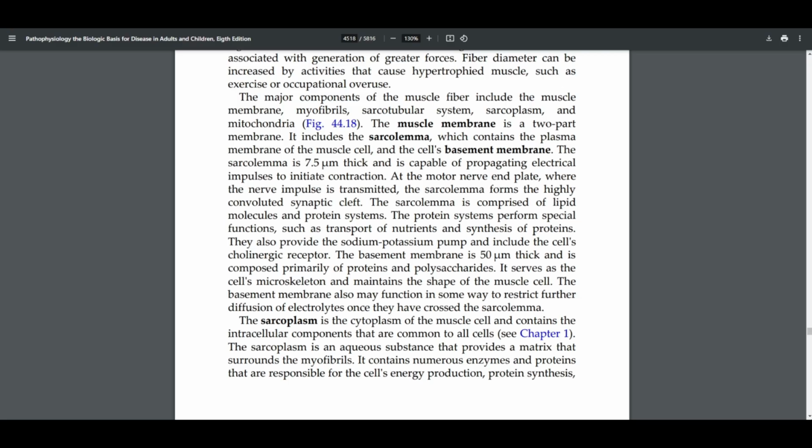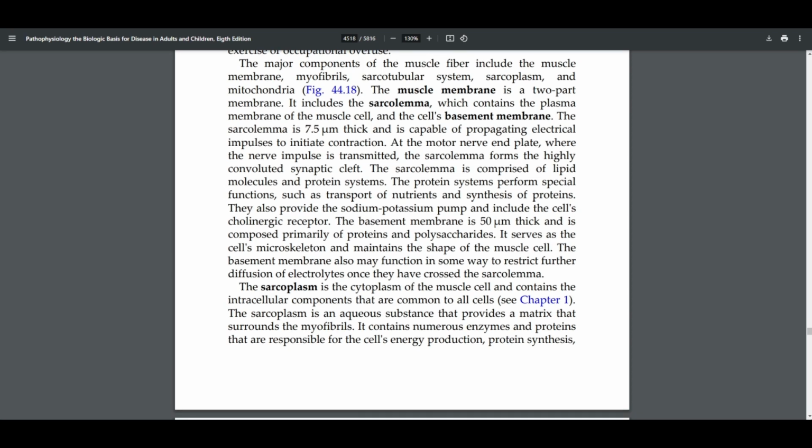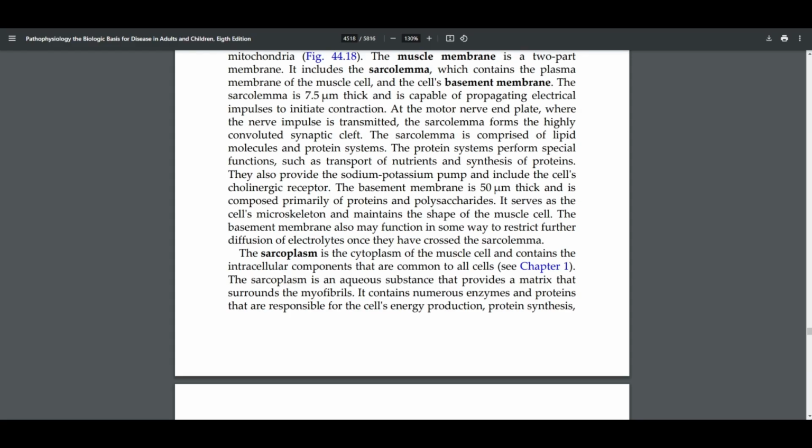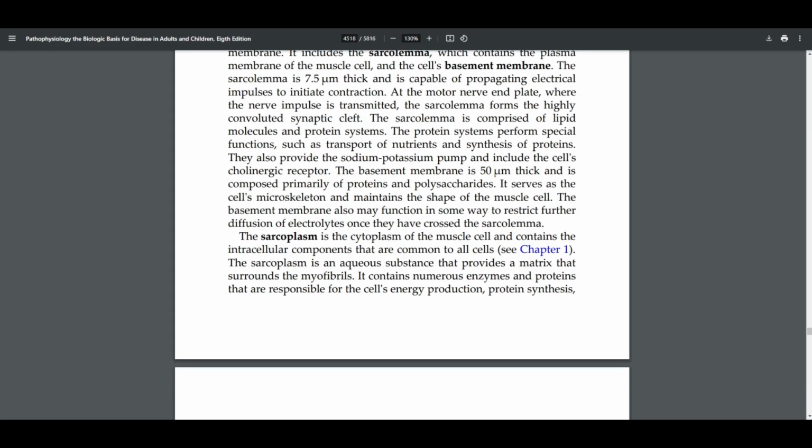The basement membrane is 50 thick and is composed primarily of proteins and polysaccharides. It serves as the cell's microskeleton and maintains the shape of the muscle. The basement membrane also may function in some way to restrict further diffusion of electrolytes once they have crossed the sarcolemma.